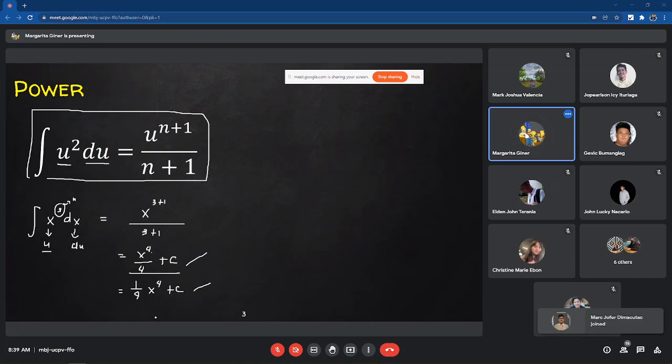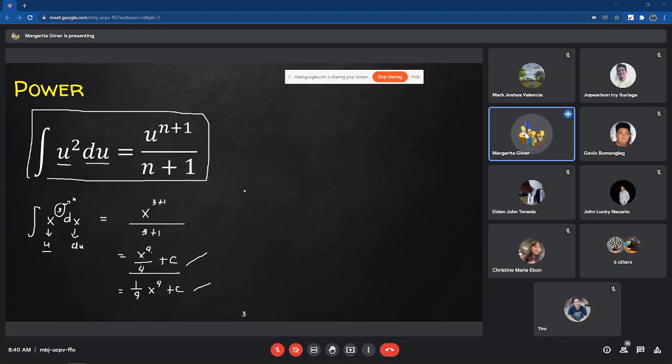Okay? So, let's try another example. So, take note class that in dealing with power rule, hindi lang din siya algebraic. So, it might be, may magwa nga trigonometric function siya, pero nagamit kita power rule. Or, let's say, nag-logarithmic and exponential kita, pero nagamit kita sang power rule. Okay, so what does it mean?